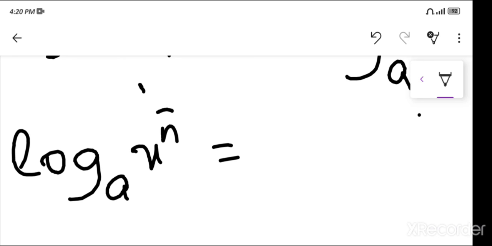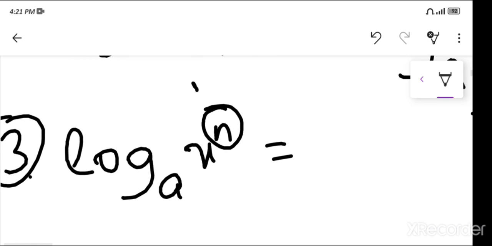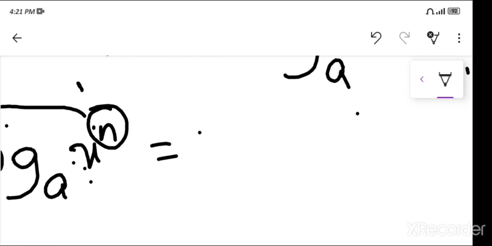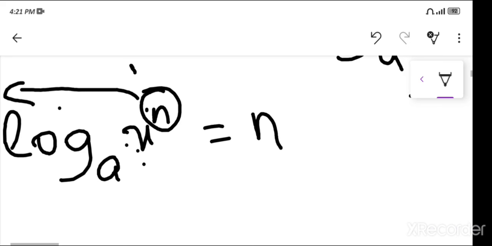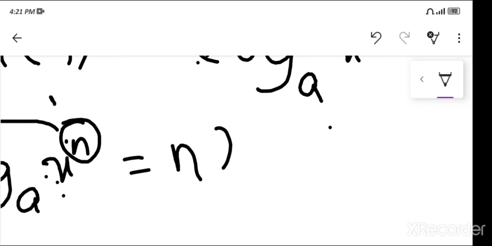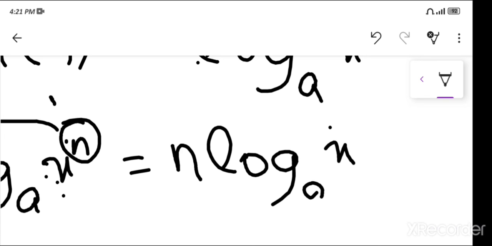If there's a log with a value and a power, the power goes in front of the log, so n comes first, and then log x to the base a.